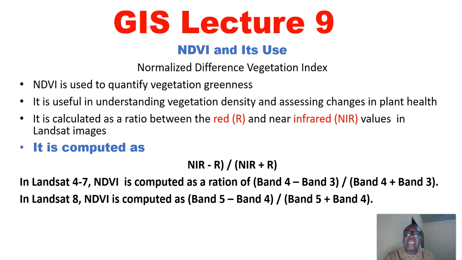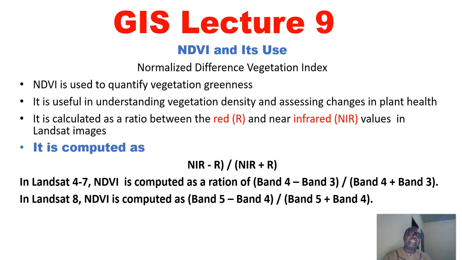So it is computed. Usually, NDVI started with Landsat data, and they used the near infrared, because the chlorophyll component of the vegetation is really brought into the fore with the red band and the near infrared band of the electromagnetic spectrum.